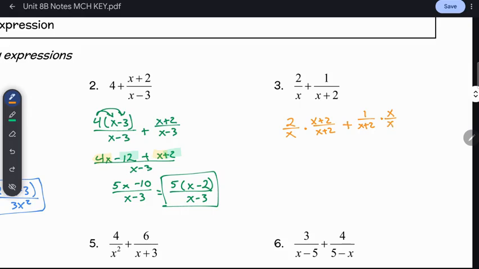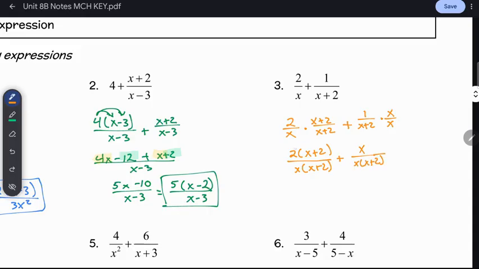So for each one, we are multiplying by the thing that it did not have in the denominator. So this is going to be 2 times x plus 2 over x times x plus 2 plus x over x times x plus 2.